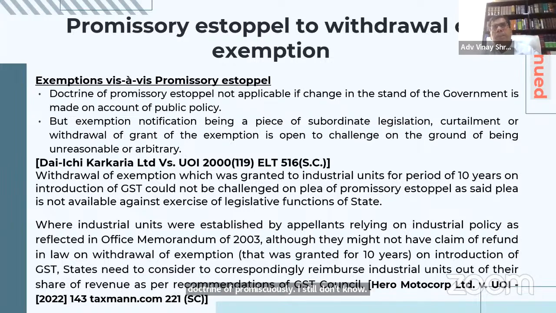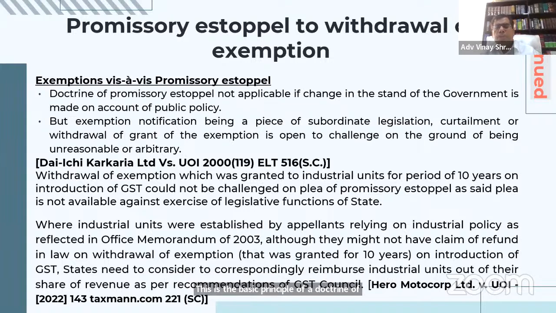Doctrine of promissory estoppel means that if some promise is given by the government, then they cannot go back from their promise, because the promise of a government on the basis of which any citizen acts cannot be retracted. So the doctrine says that the government cannot go back on its own words or promise, and it has to mandatorily comply with all the promises that it gives to a citizen. This is the basic principle of the doctrine of promissory estoppel.